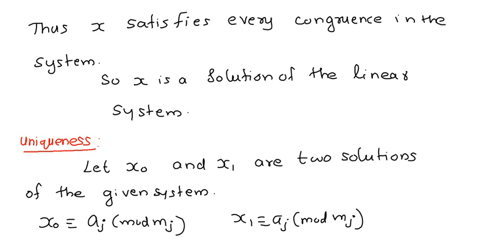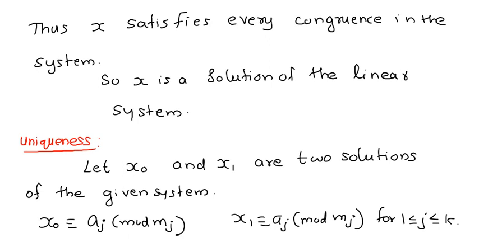They satisfy all the equations, for 1 less than or equal to j less than or equal to k. Here again applying the properties of congruence. This is x0 congruent to aj mod mj, x1 congruent to aj mod mj. Consider these as two linear congruences, then x0 minus x1 is congruent to aj minus aj mod mj by the properties of congruence.